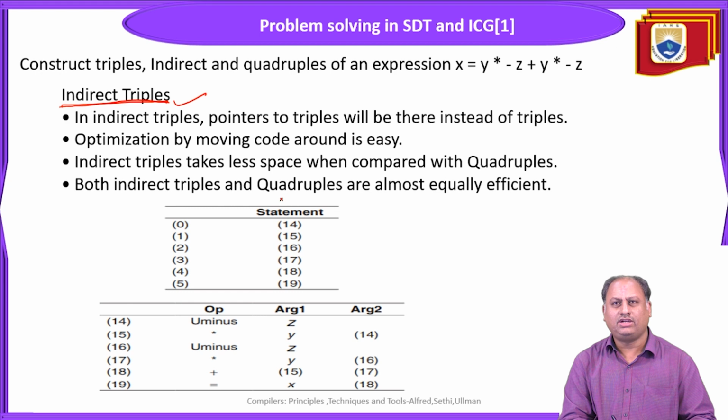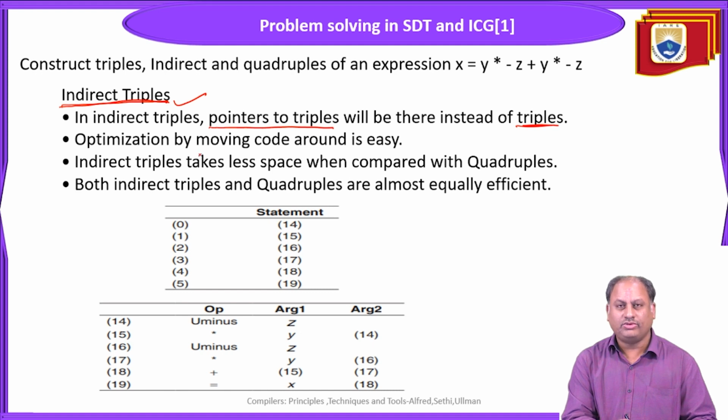So in indirect triple representation, we are going to use a pointer to triple. Instead of the triple, we are going to write a pointer to the triple. And here optimization by moving the code around is easy. We can perform this code optimization by implementing this procedure.